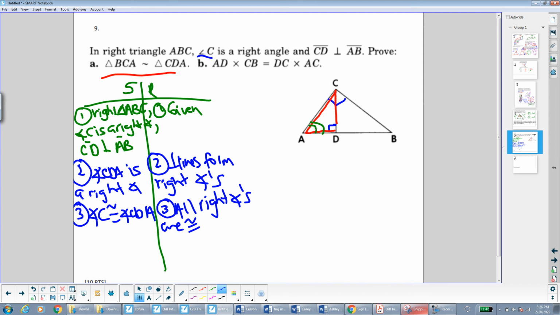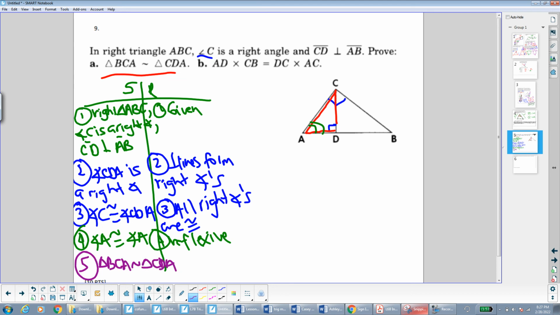From there, I need to mention the other pair of angles that I'm using for AA, and that's angle A being congruent to itself. And that is due to the reflexive property or postulate. Now we have AA in the big triangle and the small triangle. So we can prove part A, that triangle BCA is similar to triangle CDA, and that's by AA.